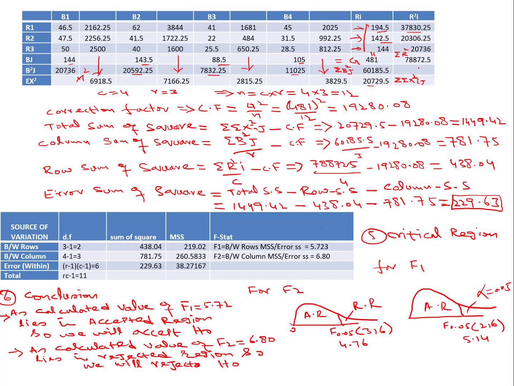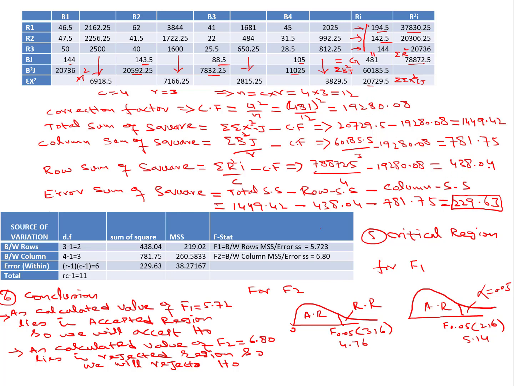So summation r square i is 78872.5 divided by the number of columns, because we are now comparing columns with rows. The column sum of square we divide by r, and for rows you need to divide by the number of columns. So we have 4 columns, minus correction factor, which is this one.